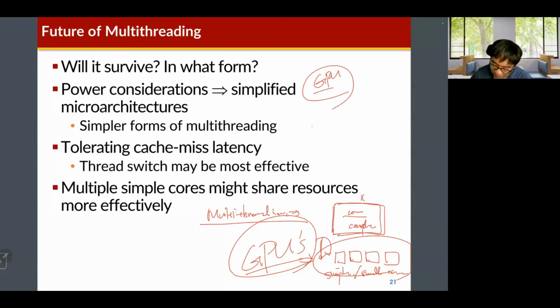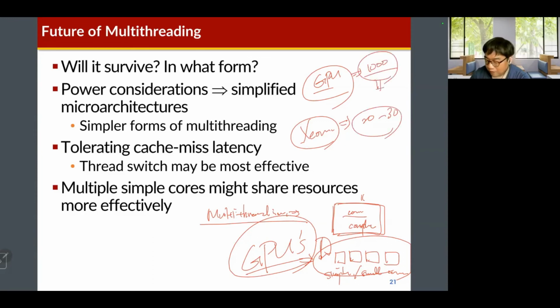But think of Xeon. Xeon is a very expensive CPU, but Xeon includes 20 to 30 cores. But an NVIDIA GPU includes 1,000 cores. Is it possible? How can it be possible?